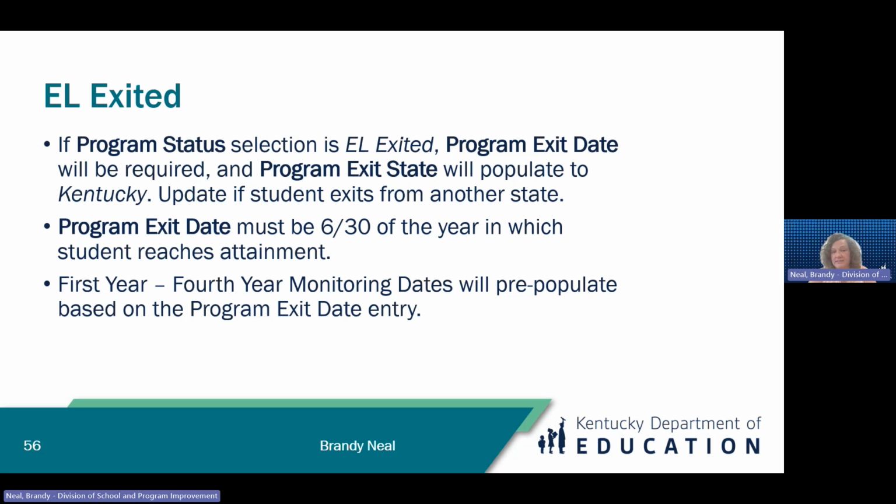The program exit date must be June 30th of the year in which the student reached attainment. First year through fourth year monitoring dates will pre-populate based on the program exit date entry. And remember that you have to monitor exited students and those students who have opted out of services for 4 years after.